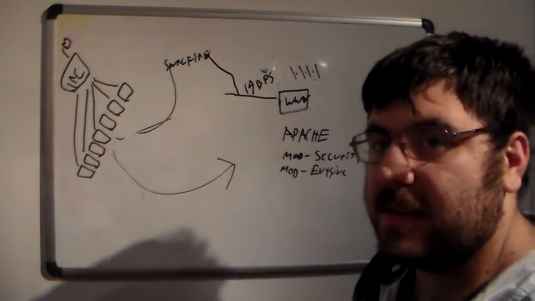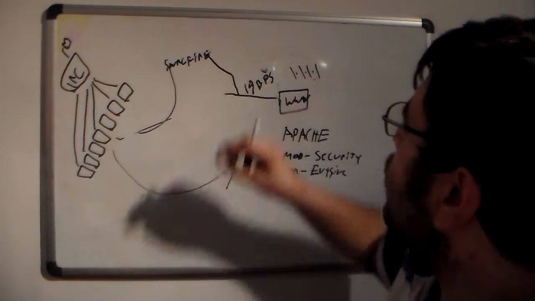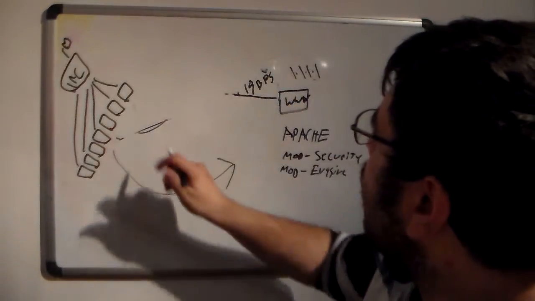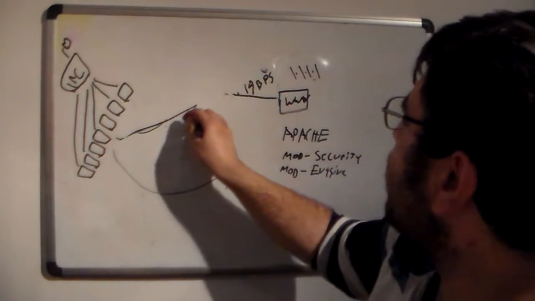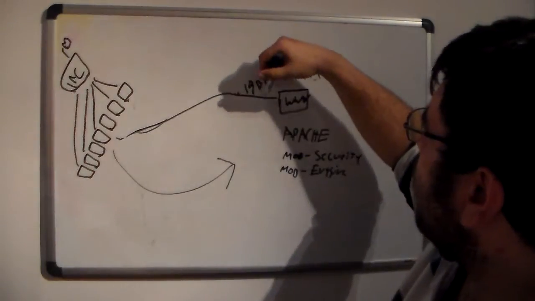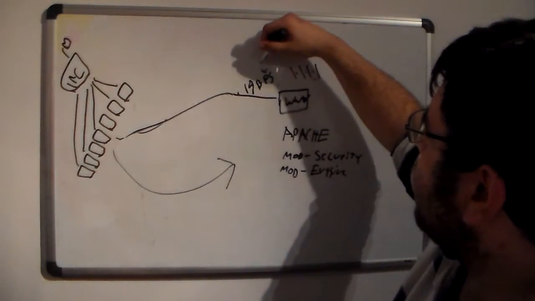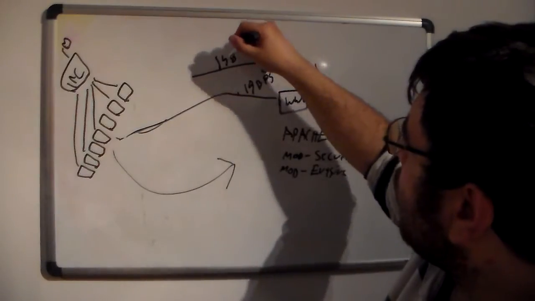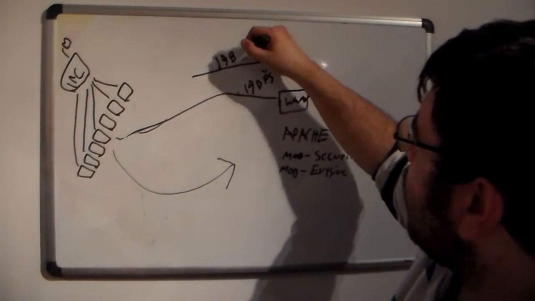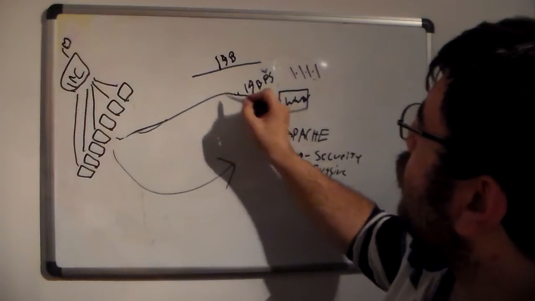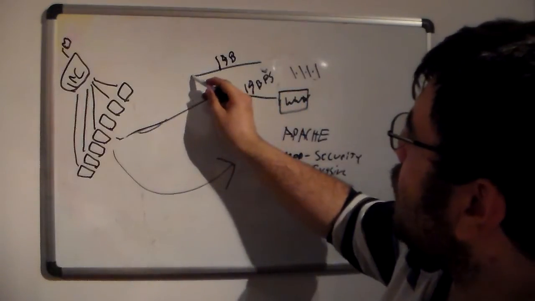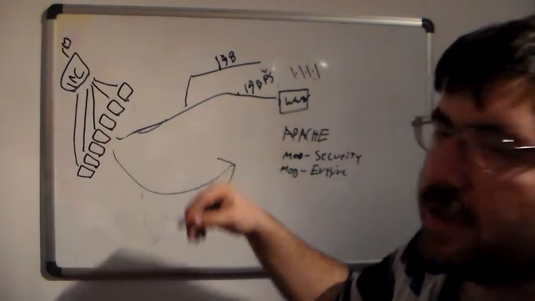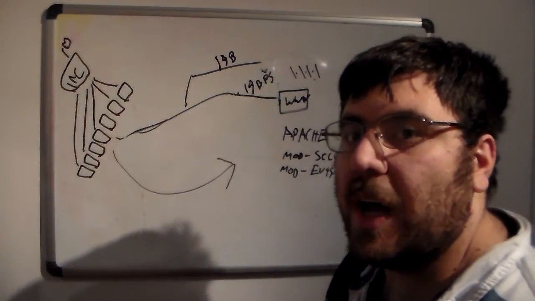So that's one. Another one too is, in the case of a DDoS, if you want to do it kind of yourself and you want to protect yourself, you can have a redundant 1 gigabit link. Okay, so you have a 1 gig link here, and in the time of a DDoS, maybe you might be able to turn this on and bond these two connections so you have more traffic.